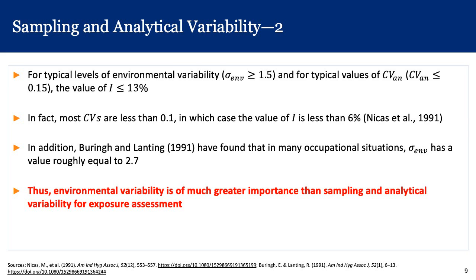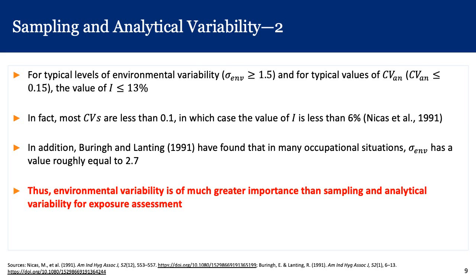In fact, most modern methods of sample analysis have a coefficient of variation CV less than 0.1, in which case the value of I, that's the contribution of analytical variability to total variability, is less than around 6%.